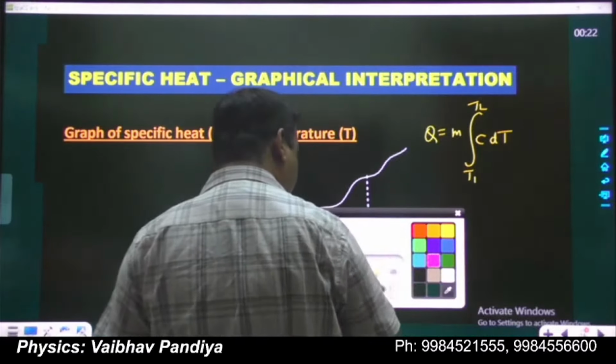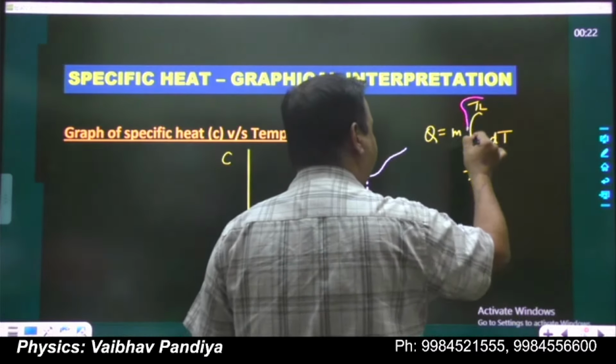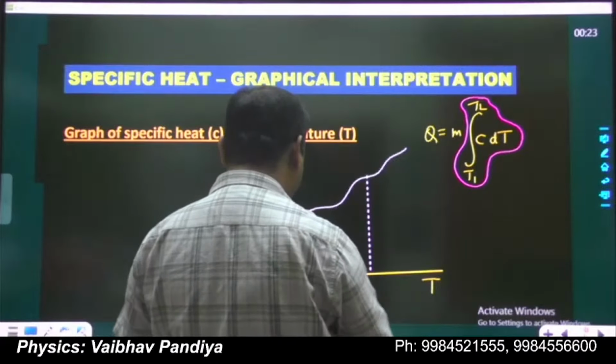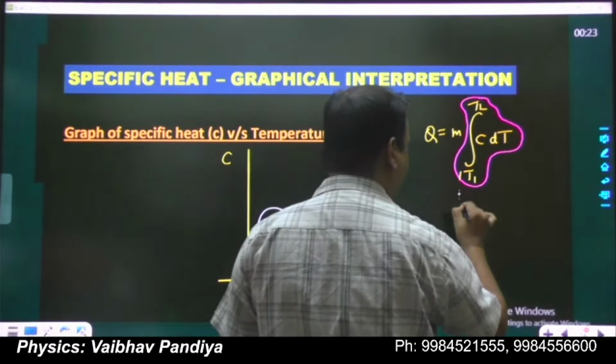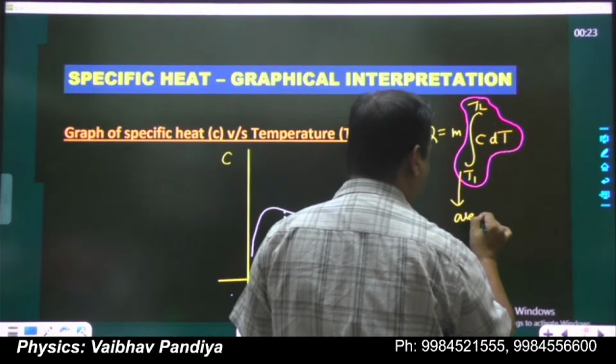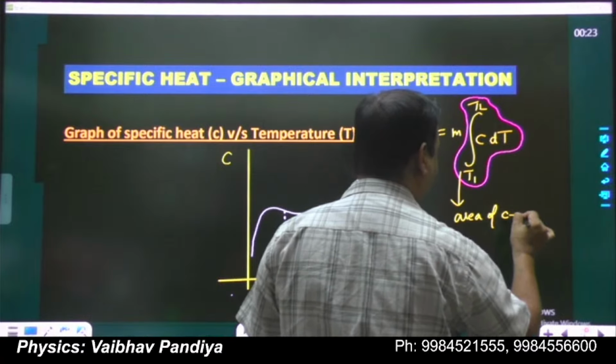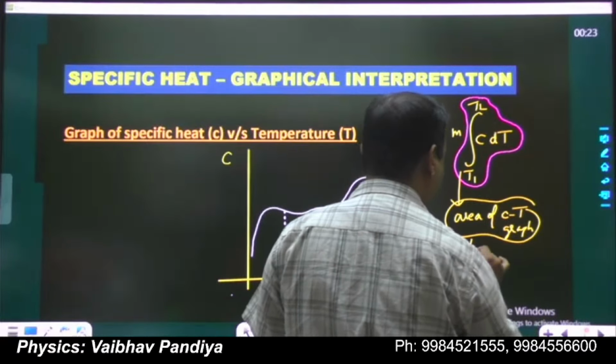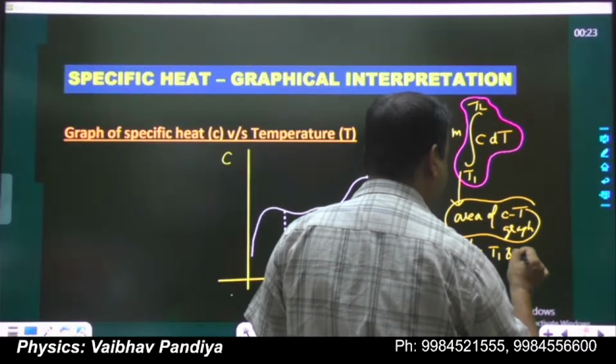And we know from the starting of mathematical tools in class 11th that integral means area of the graph. So this thing is giving you what? This is giving you area of small c-T graph, between T1 and T2.